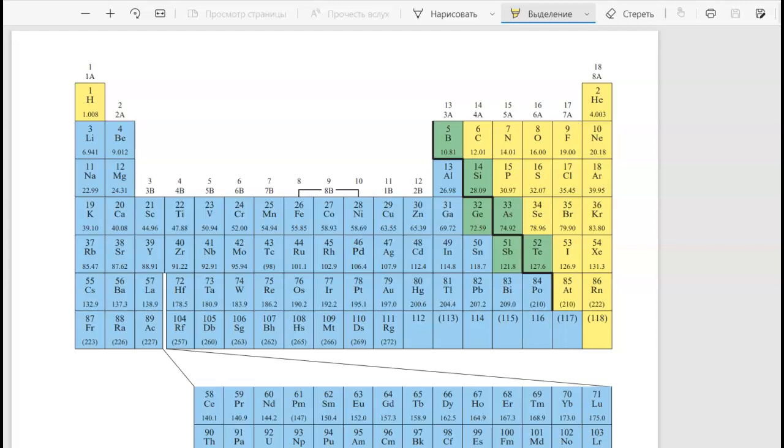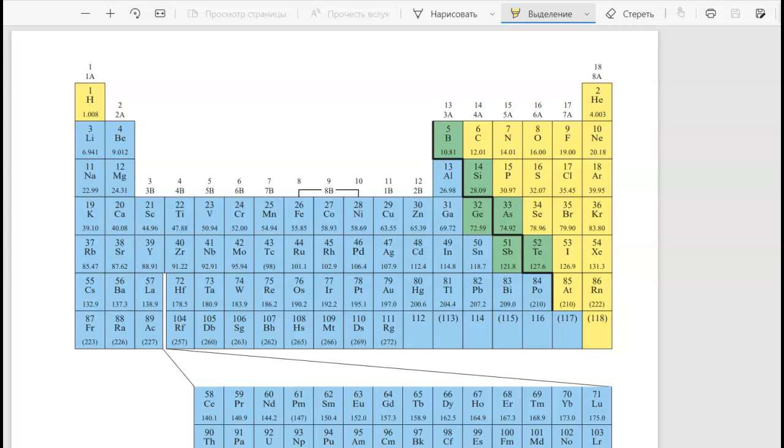So the last 6 elements of each period are p block. Only the first period has no p elements at all, but every other has.